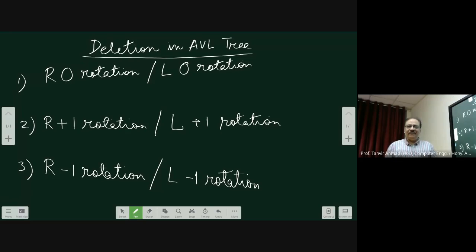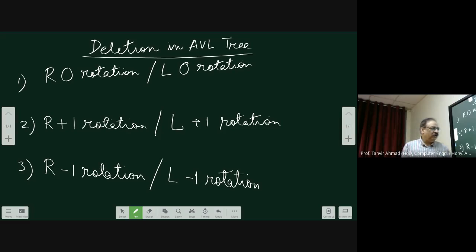Now, R0 and L0 are the same, one is because of the right, and the second is because of the left. Therefore, the rules for them are the same, just like LL and RR. And the rest two are also the same. R plus 1 and L plus 1 are the same. Similarly, R minus 1 and L minus 1 are the same.